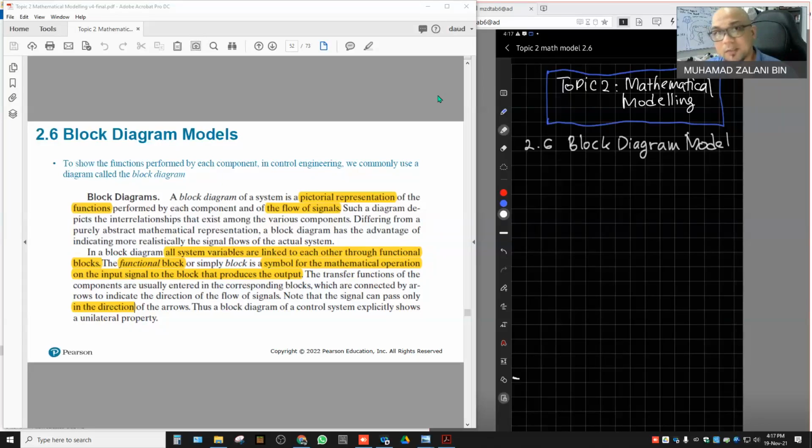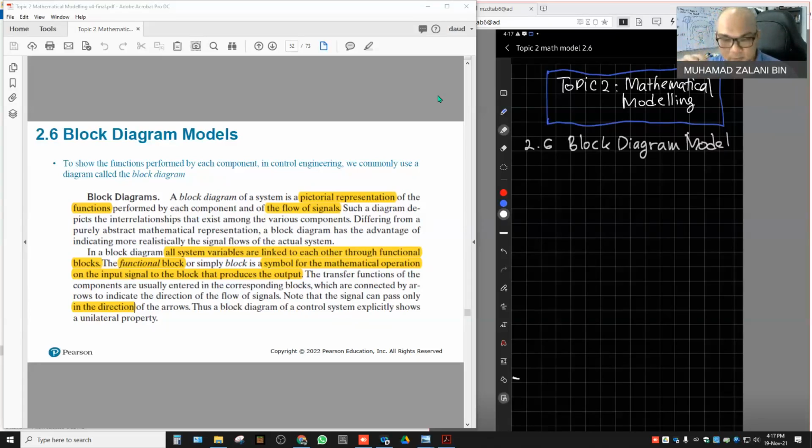At the beginning of topic 2, we discussed the open loop control system and also the closed loop control system, which has not only one, but more than one block that represent the model of the system, whether it is the actuator, the sensors, feedback sensors, or maybe the controller.